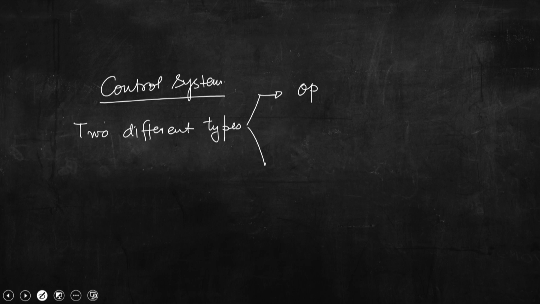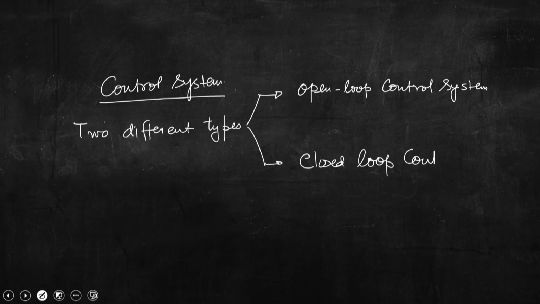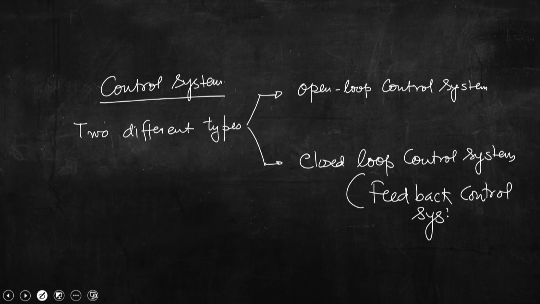One is open loop control system, and the second one is closed loop control system, sometimes also known as feedback control system. Let us discuss these two systems one by one.